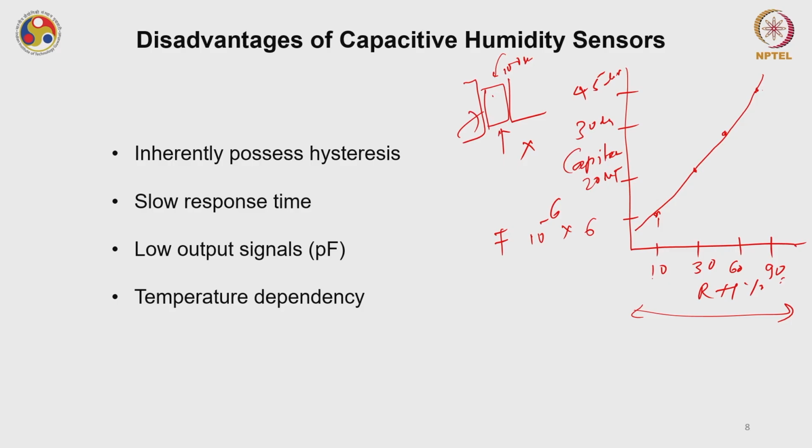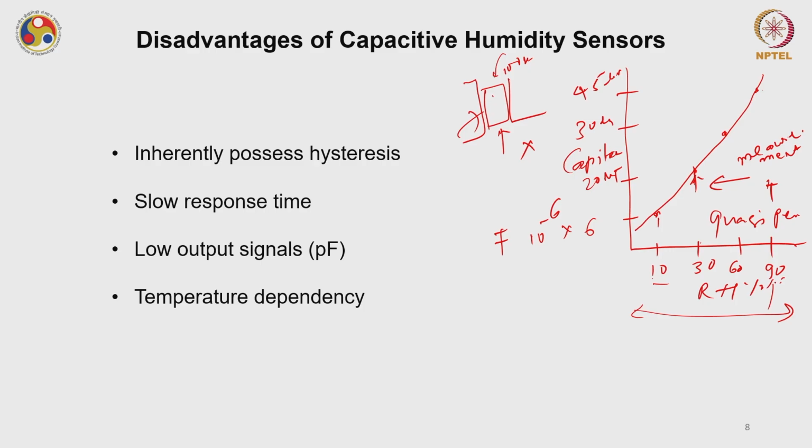So if you try to measure at 30% RH, along with the measurement data, what you also have is this quasi permanent change in the capacitance. All right. Now consider the condition when you are increasing this humidity from 10% to 90%.